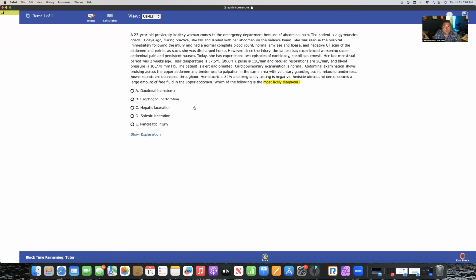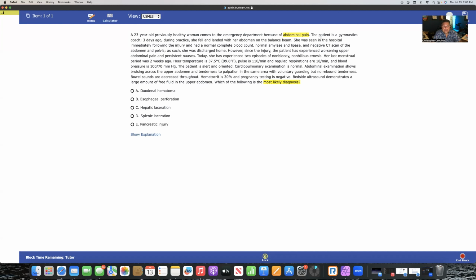So now what we can do is hop in here and really look at our key details. So we have a woman that was previously healthy coming into the emergency department because of abdominal pain. I do like highlighting gender in a question like that because we know that there are certain diagnoses that might be ruled in or ruled out depending on that, or that could influence care to some degree.